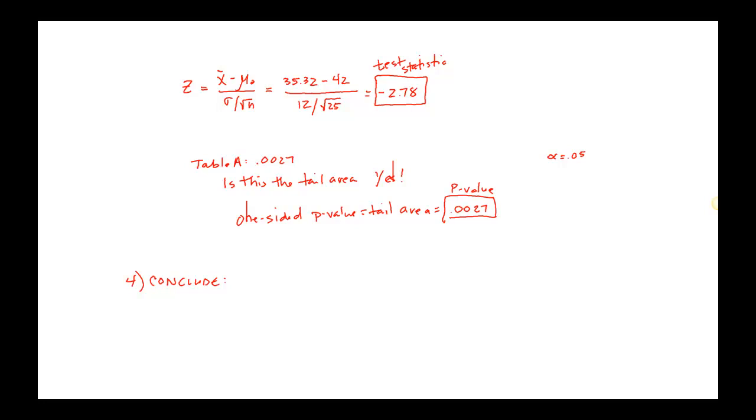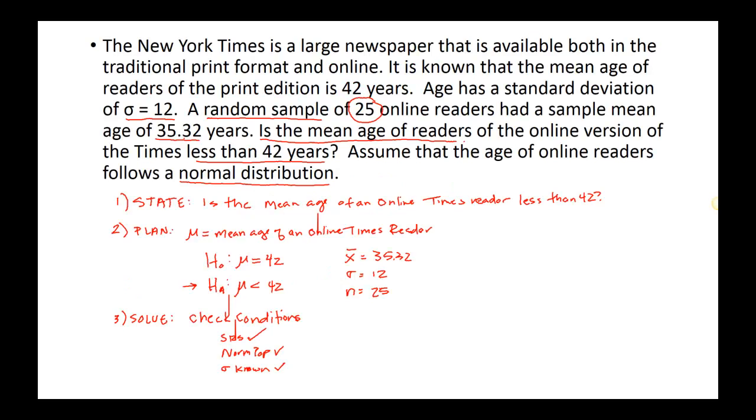In this case, my p-value of 0.0027 is really small, definitely lower than alpha. So p is low, H0 must go. The first part of my conclusion is we reject H naught. If we reject H0, that means that we have sufficient evidence that the alternative hypothesis is true. Looking back at my alternative hypothesis over here, it was that the mean age of an Online Times reader was less than 42.